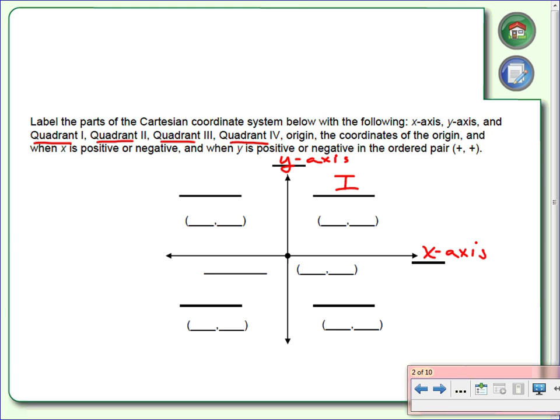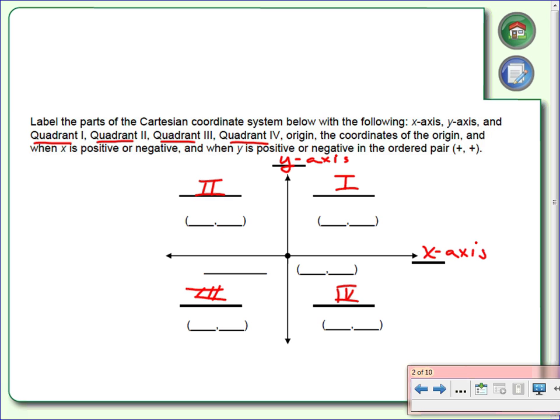To the left of that is quadrant number 2. Right below that is quadrant number 3. And then this one down here is quadrant number 4. So we start at the top right-hand corner, and then from there we just go counterclockwise. And some of you may know this already, and that's great.